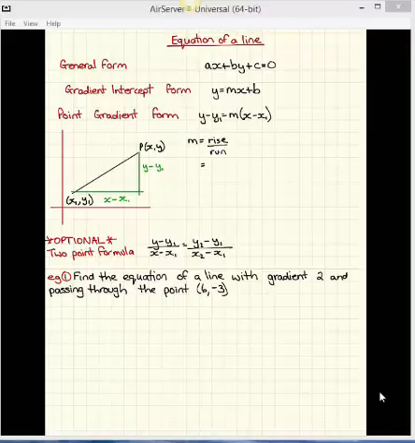So in this case, that is equal to y minus y1 all over x minus x1. And then we're just rearranging. So m multiplied by x minus x1 is equal to y minus y1.